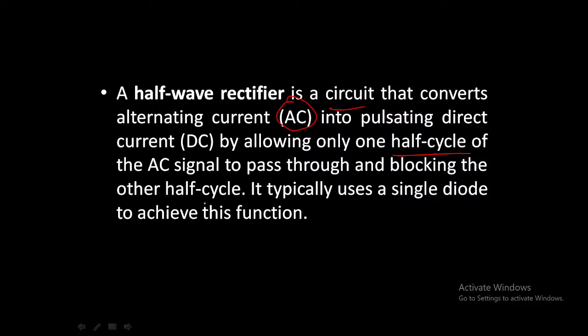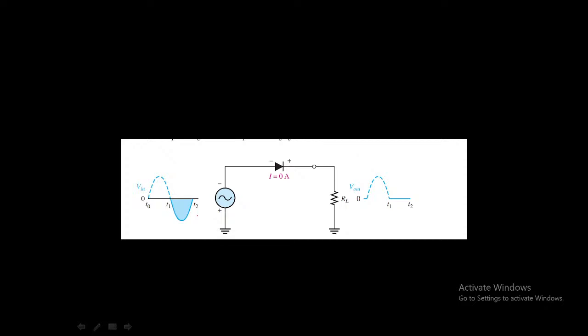So basically, it will look like this. This is an AC signal, the input of this half wave rectifier circuit. First we will discuss the behavior of this circuit. This is the half wave rectifier circuit.